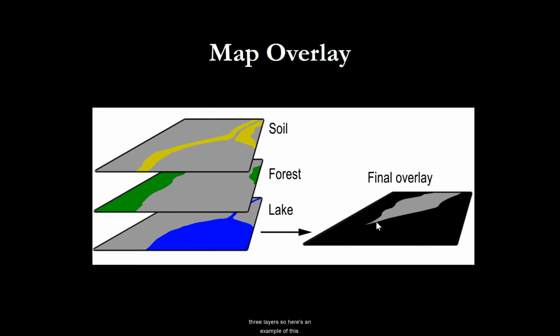So here's an example of this map overlay. It seems pretty basic, but this was something that was done with hand-drawn layers with collection out in the field, hand computations for mathematical equations, and then to produce this final overlay was very significant.